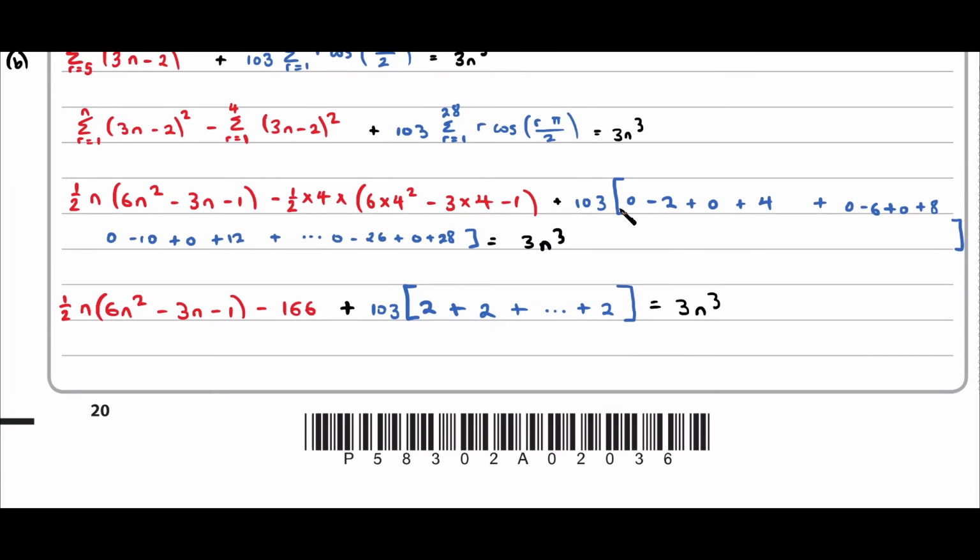So I think the way I set this out makes complete sense, and essentially you have to notice every 4 terms you have a sum of 2.